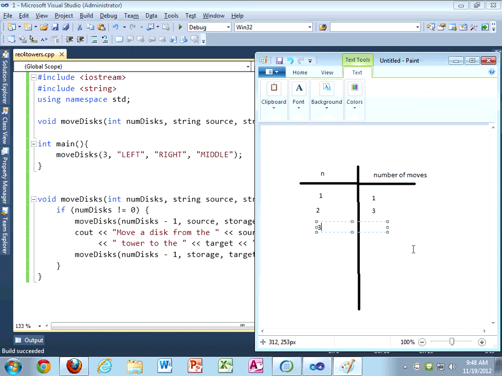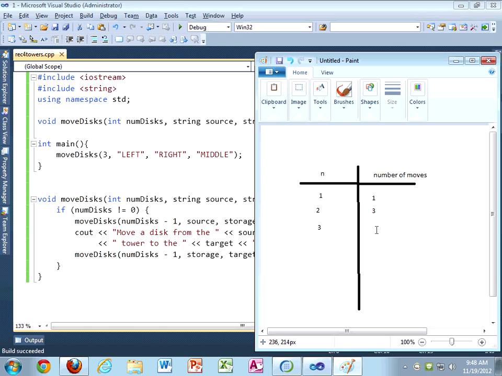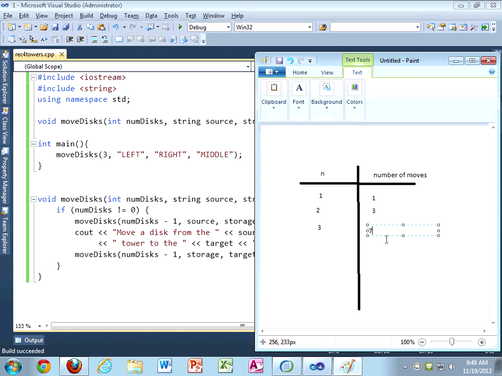Okay. 3 disks, we could go back and look at our output again, but 1, 2, 3, 4, 5, 6, 7. 7 moves. Here's another way of looking at that, right? In order to move 3 disks, we move 2 disks, and then we move 1 disk, and then we move 2 disks again, right? So 3 plus 3 plus 1, 7.